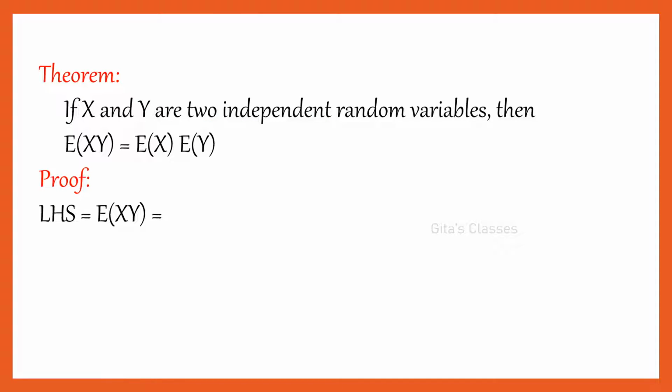Next, if X and Y are two independent random variables, then E of XY is equal to E of X into E of Y. What is the definition of statistical independence? f of x comma y is equal to g of x into h of y. If you can prove it like this, then X and Y are independent. Here X and Y are given as independent.